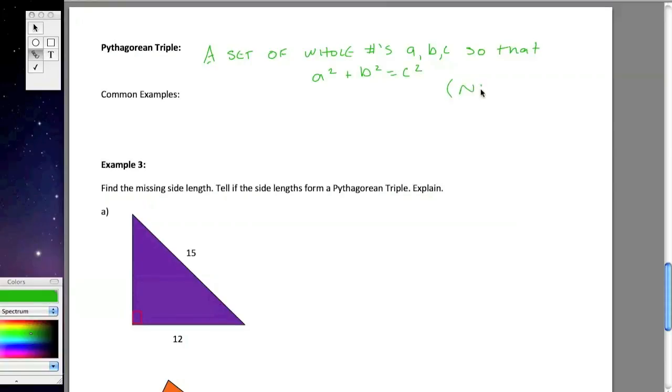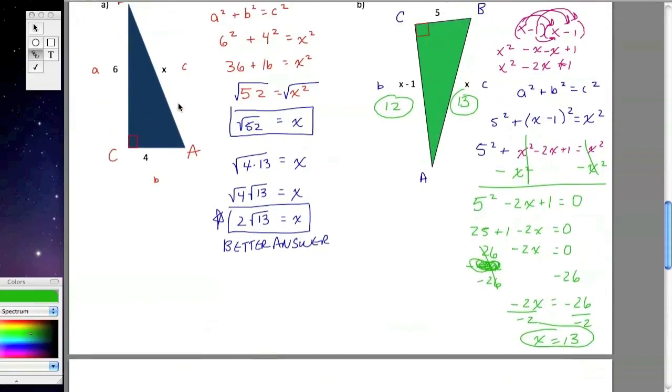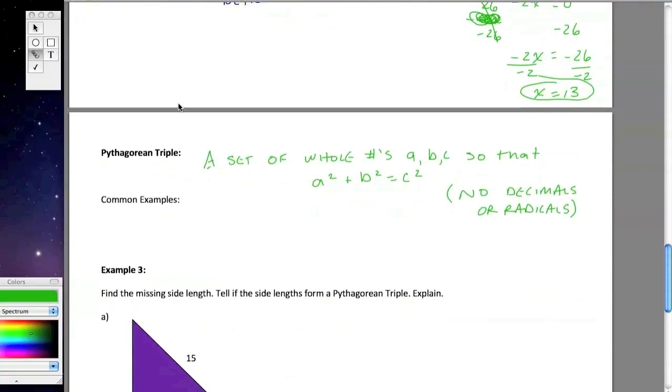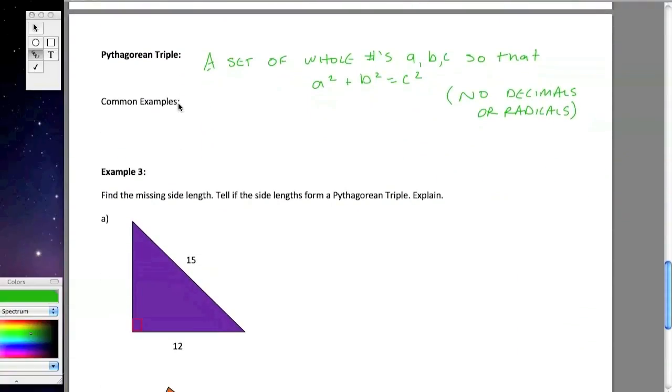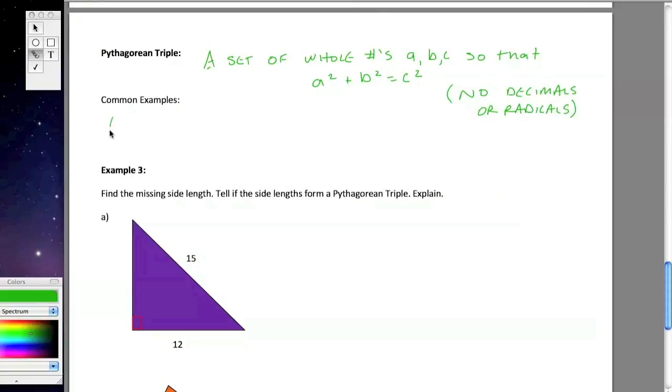What that means is no decimals or radicals. Okay? Common examples of this would be, like in our last example, 12, 13, 5. Okay? We're going to list them in order. So common examples would be 5, 12, 13.